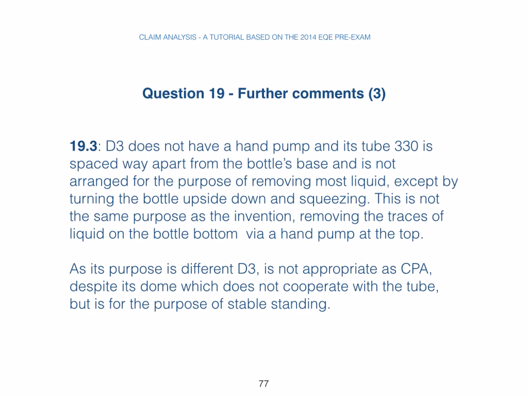This is not the same purpose as the invention, removing the traces of liquid on the bottle bottom via hand pump and with the bottle upright. As its purpose is different, D3 is not appropriate as closest prior art, despite its dome, which does not cooperate with the tube, but is for the purpose of stable standing.